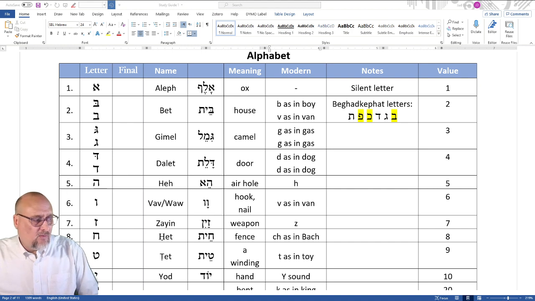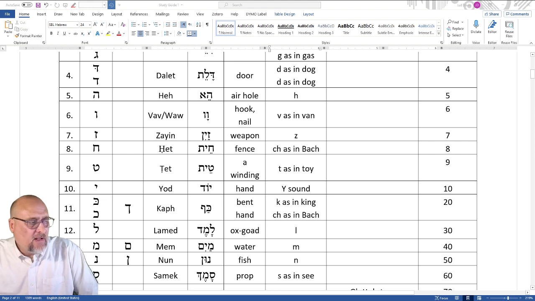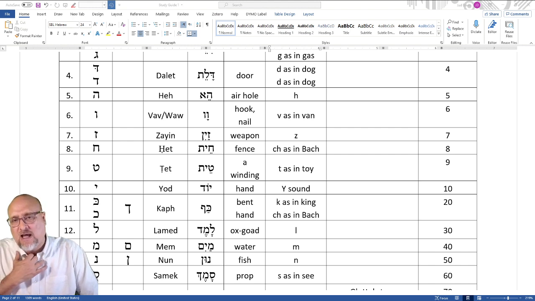But those first five are straightforward. The A, the silent letter, the B, the G, the D, and the regular H sound. Then the next ones are Vav, Zayin, Het. Het is a guttural H sound. You're saying H, but it's very heavy and very far back in your throat.